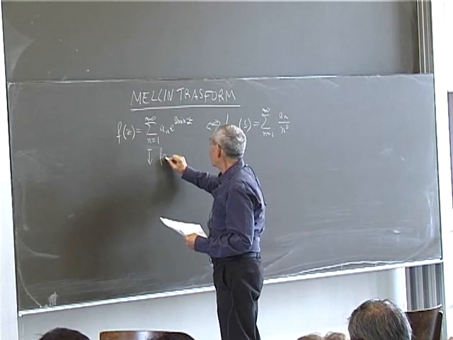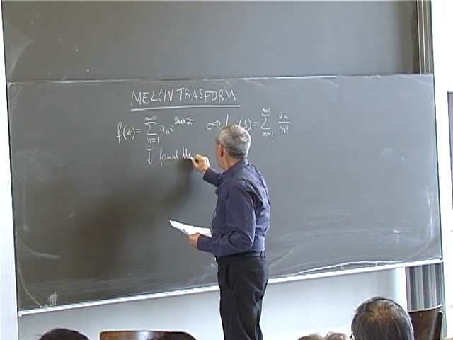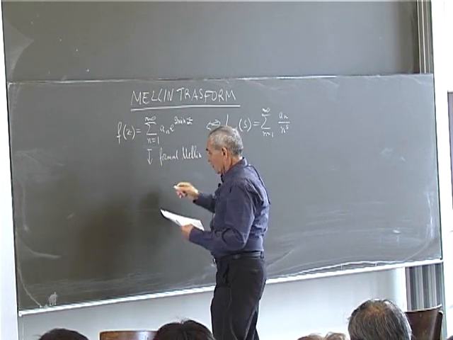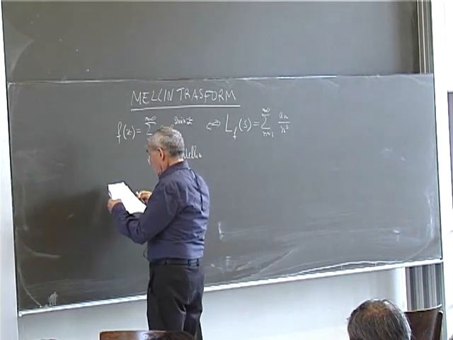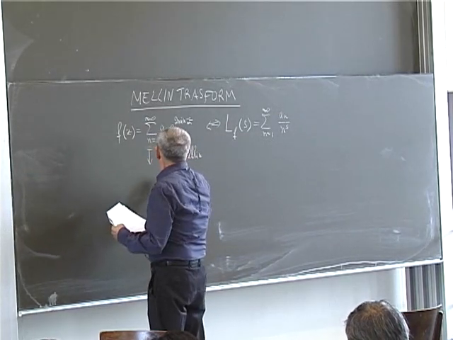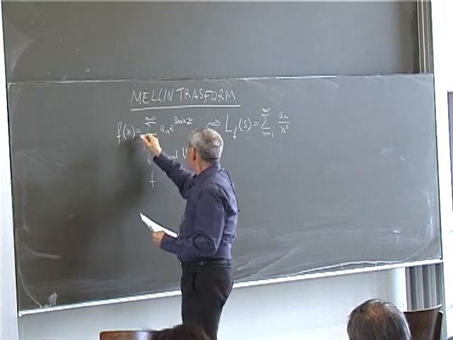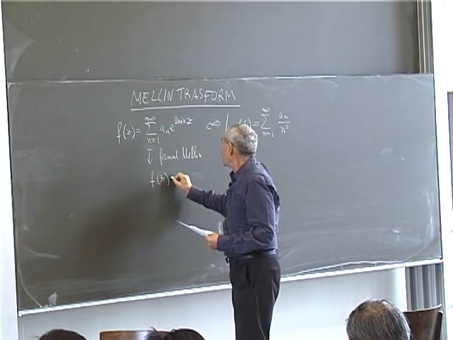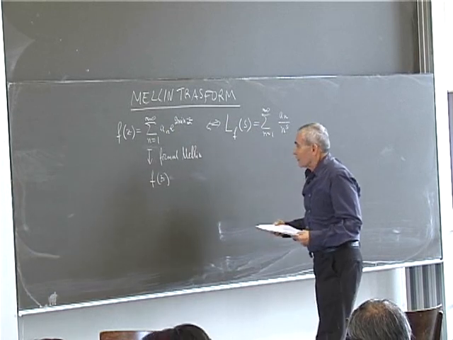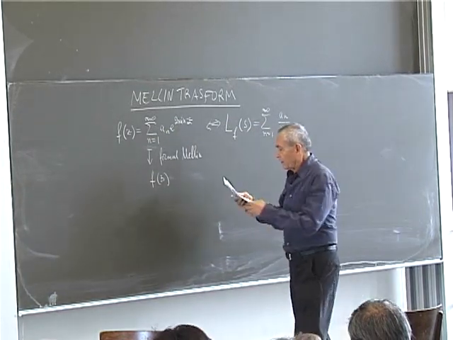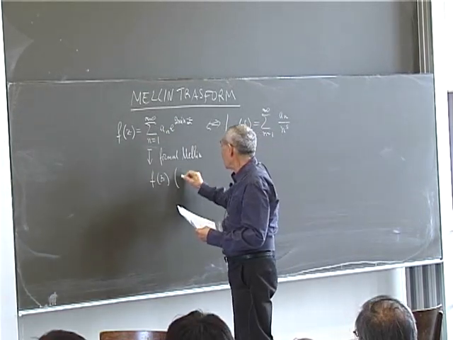So the formal Manin transform is something like that. I'm taking this function. Again, I'm assuming that whatever I write, integrals and things like that, can be analytically justified in this way.